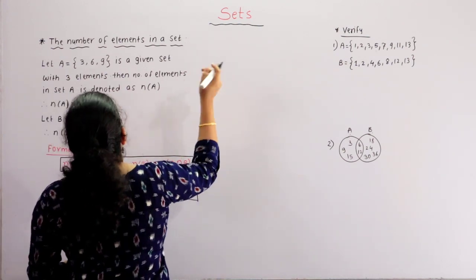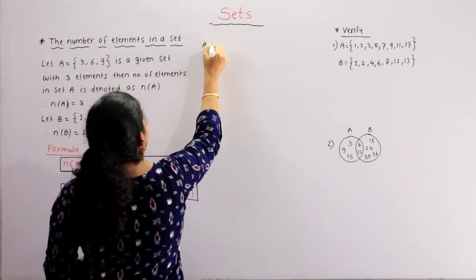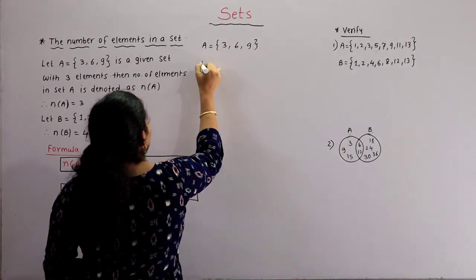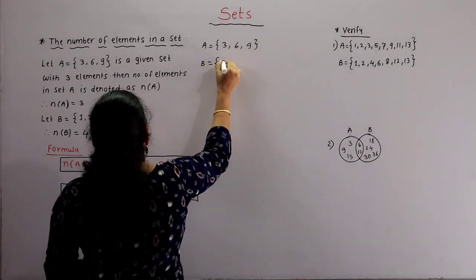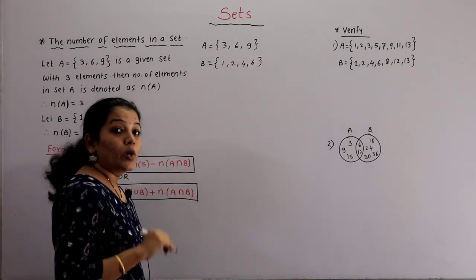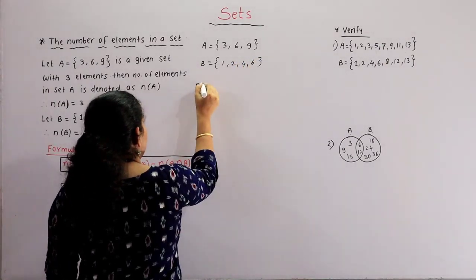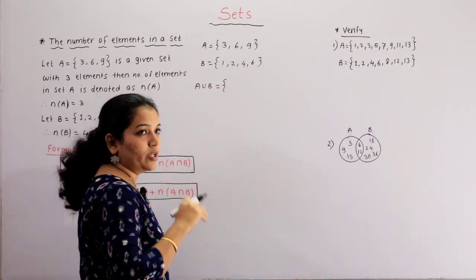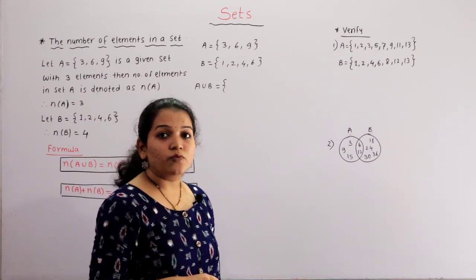A, B. What is in A? 3, 6, 9, and B is a set of 1, 2, 4 and 6. So what will A union B be? You need to recall all these things. Union means what?